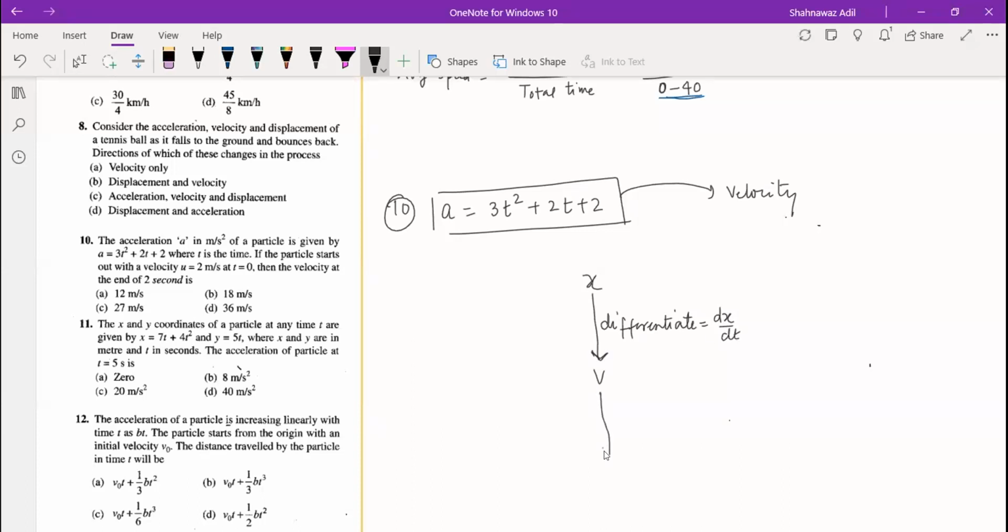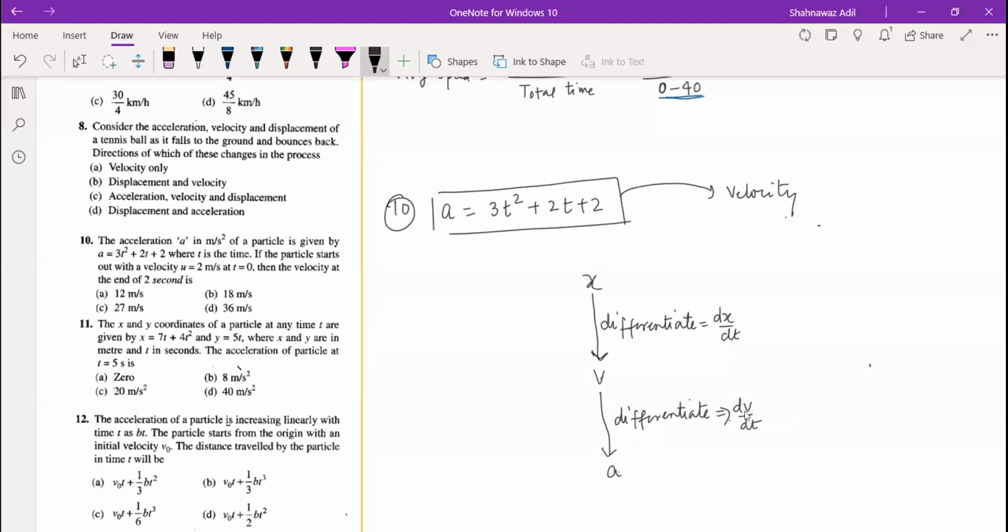And then to reach acceleration, what do you do? Again, you differentiate. You write dv by dt, and this gives you acceleration. So from position to speed, you just differentiate, and from speed to acceleration, you again differentiate.